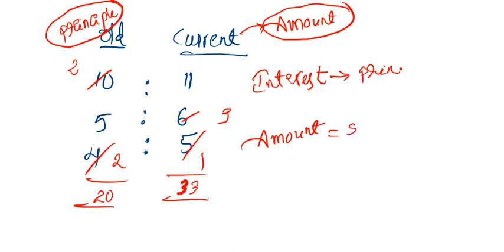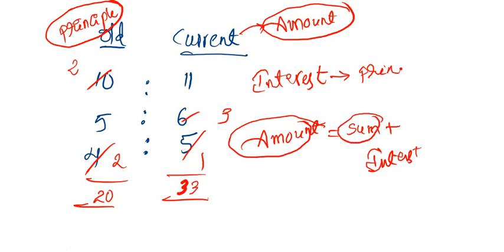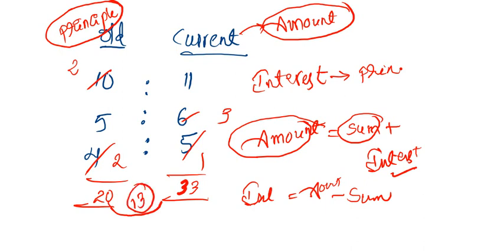Sometimes we call it sum plus interest. The difference between the amount and the sum is nothing but your interest. Means interest is equal to amount minus sum. So the 13 is your interest.